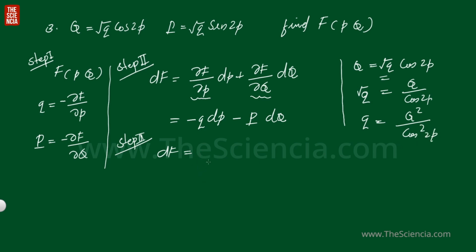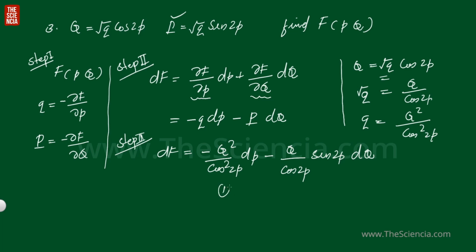So we get df is equal to minus q, here q is Q square by cos square 2p into dp, minus capital P is root q sin 2p, where root q is again Q by cos 2p into sin 2p into dQ.